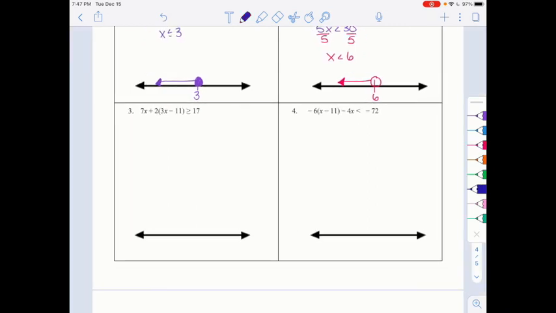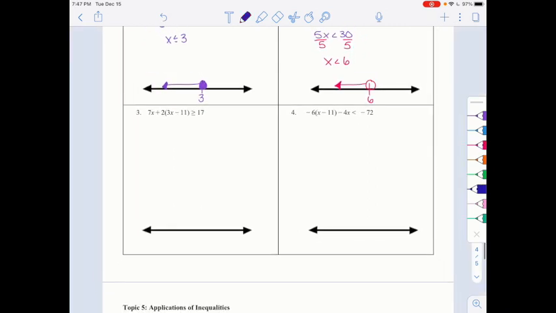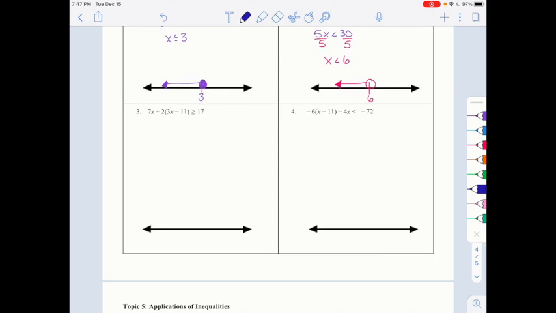Problem 3. I'm going to distribute here. So 7x plus 6x minus 22 greater than or equal to 17. That's 13x minus 22 greater than or equal to 17.